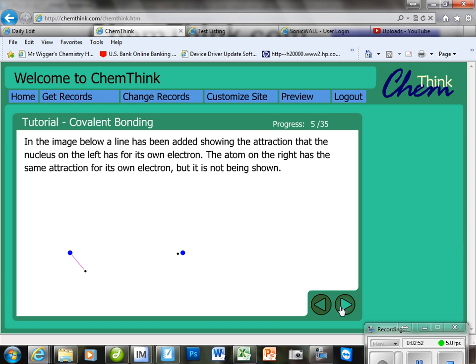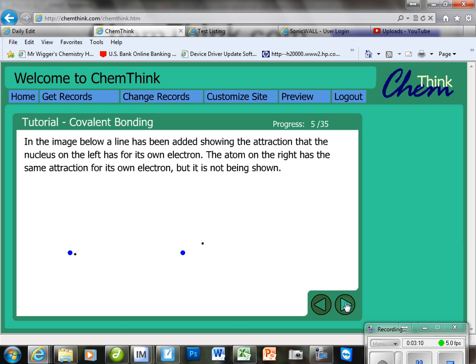In the image below, a line has been added showing the attraction that the nucleus on the left has for its own electron. The atom on the right has the same attraction for its own electron, but we don't see this little line like we do in the left one.